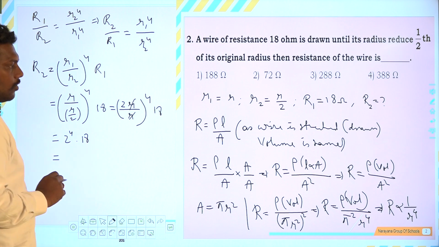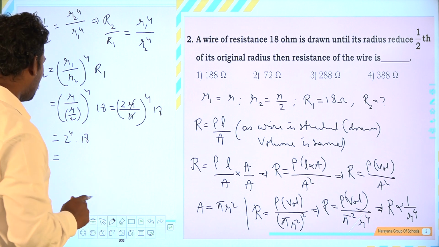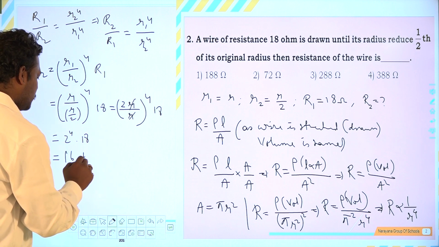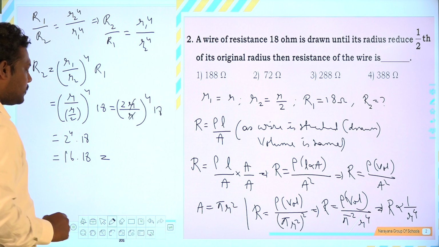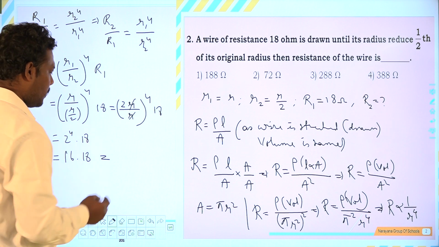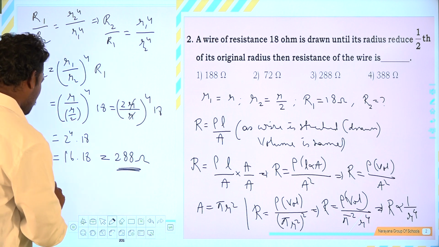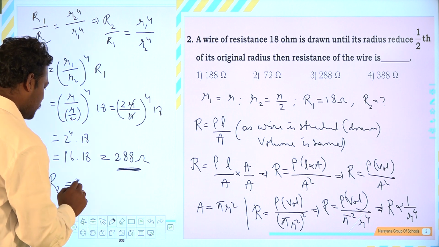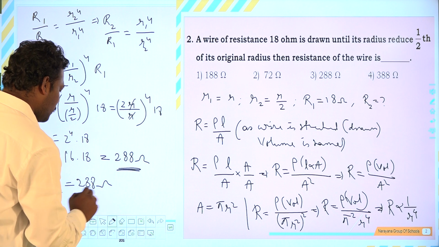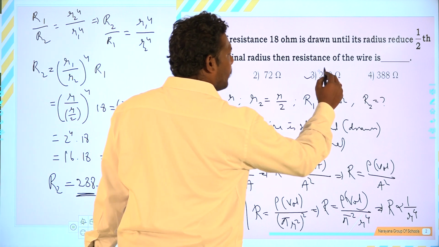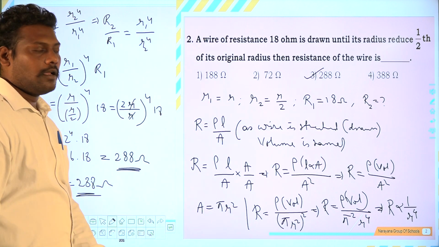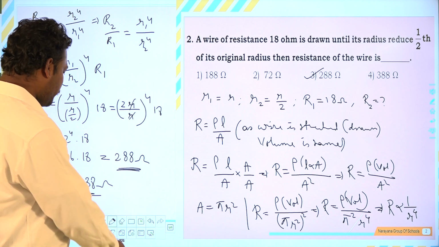Now 2 power 4 is nothing but 16. 16 into 18 is 288 ohms. So the final resistance is 288 ohms. Now let us get into the third question.